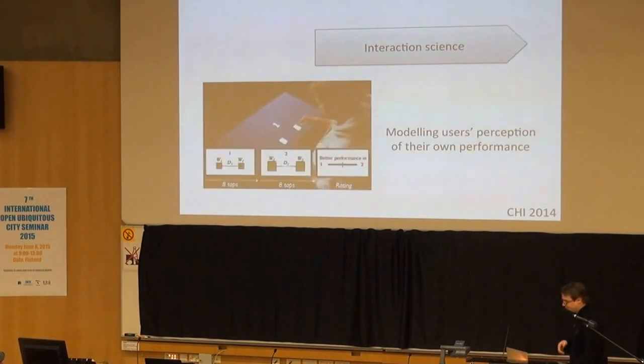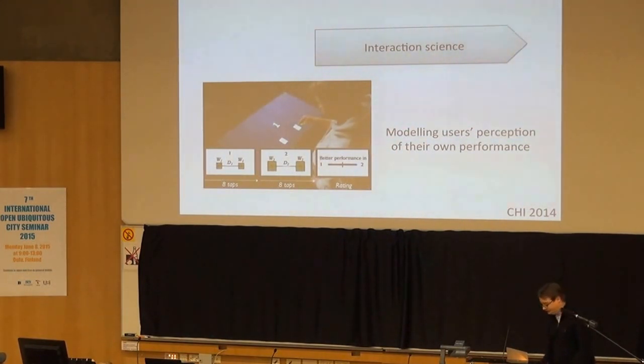And finally, we've done some interesting work, but unfortunately it's a bit out of the scope of this workshop, on modeling users' perception of their own performance. As it turns out, we're optimizing, let's say, a mobile touchscreen UI. We can shift around the sizes of the buttons. You can change the location of the buttons. But does this actually matter? And it turns out, even if you can find an objective performance differential, users are unlikely to discover that performance differential.